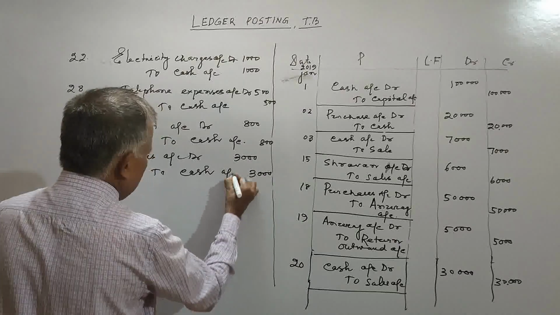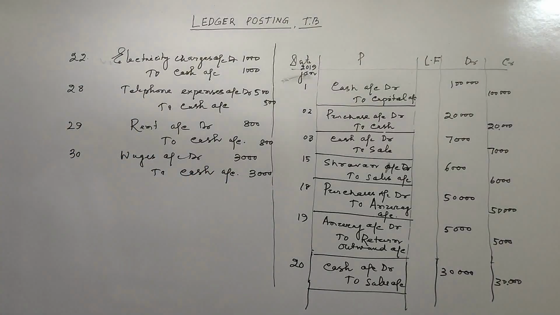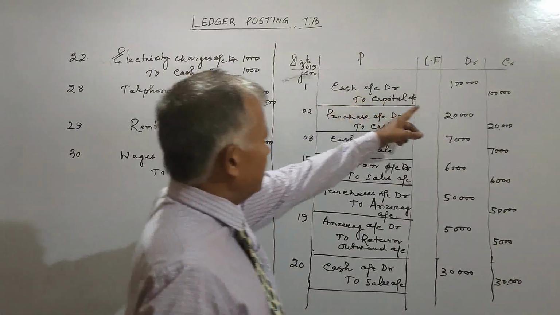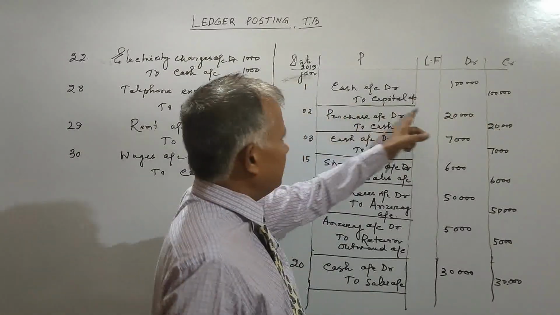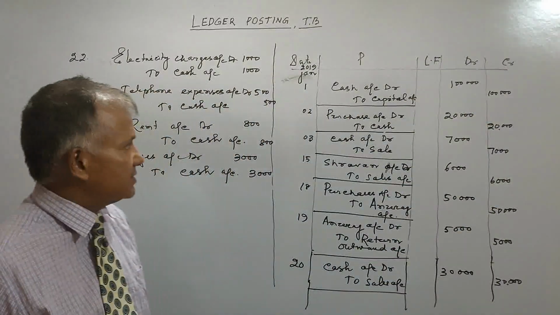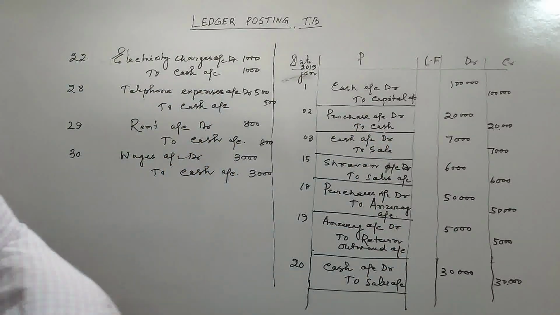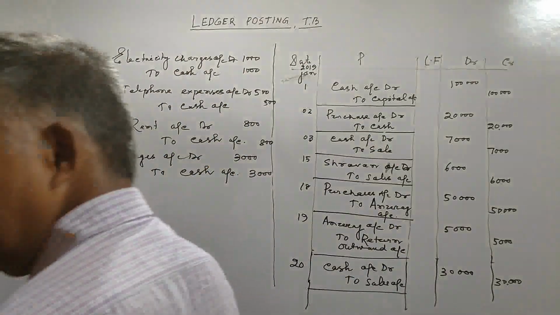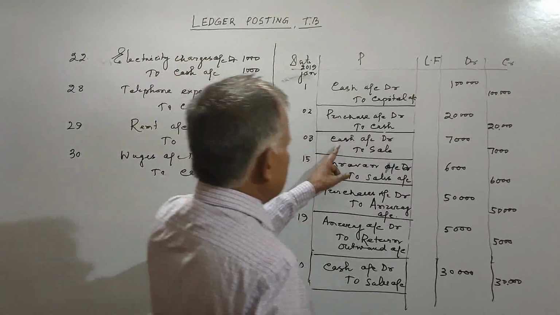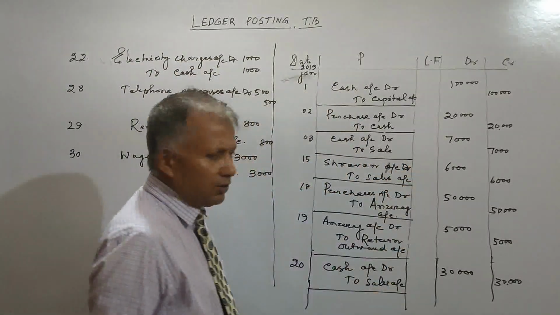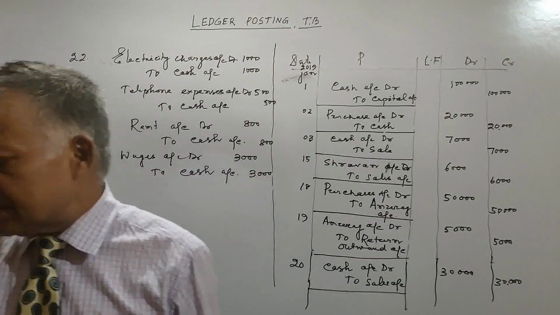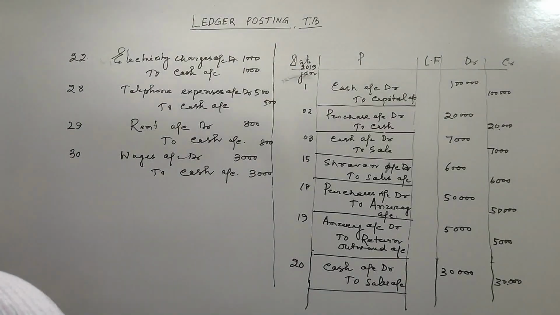This is cash account. You can also write the narration: cash account debit to capital being the capital introduced in the business. Purchase account debit to cash being the goods purchased. Cash account debit to sale being the goods sold for cash, right?